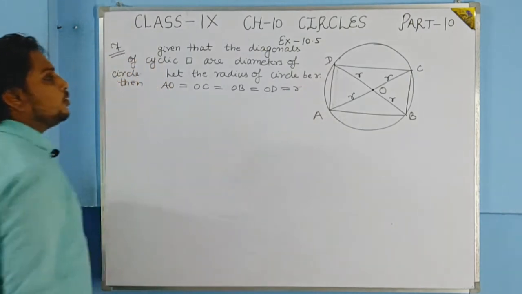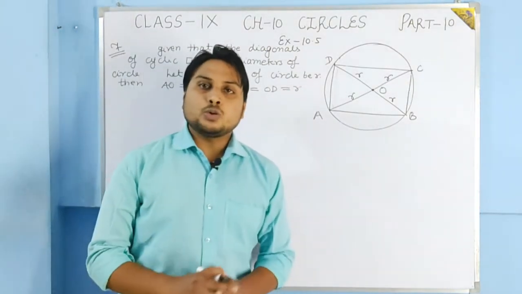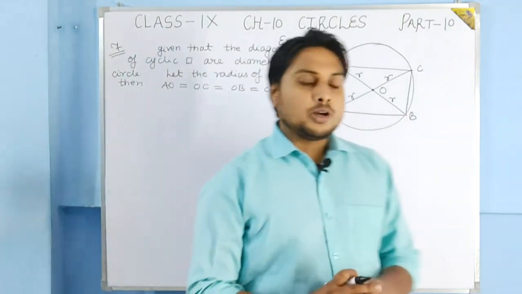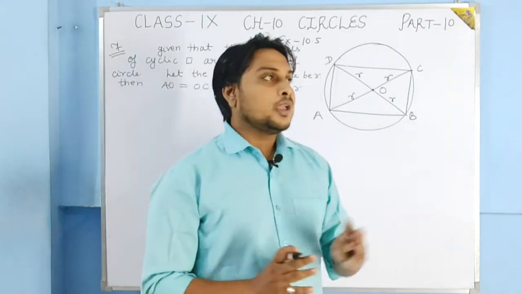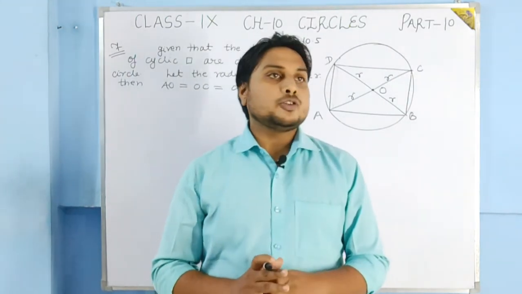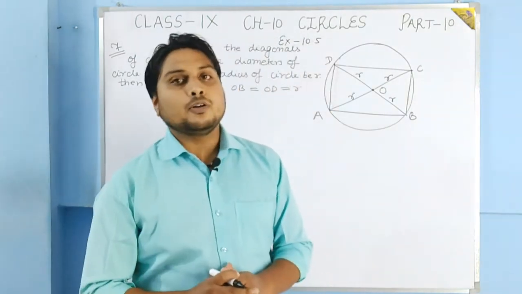All will be equal to R. Now we have to show it is a rectangle. So remember, students, in chapter number 8, quadrilaterals, if we have to show that a quadrilateral is a rectangle, then what steps did we follow there?